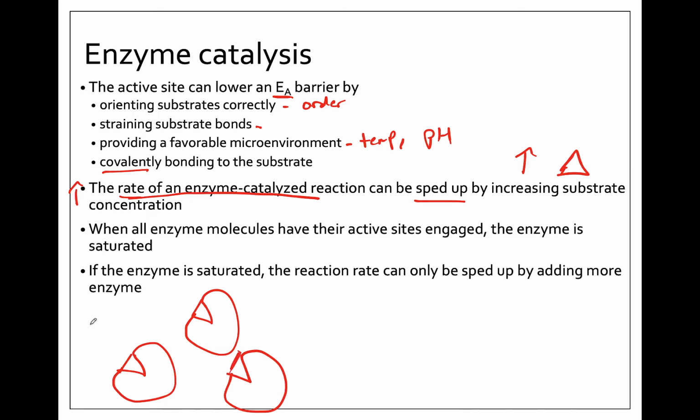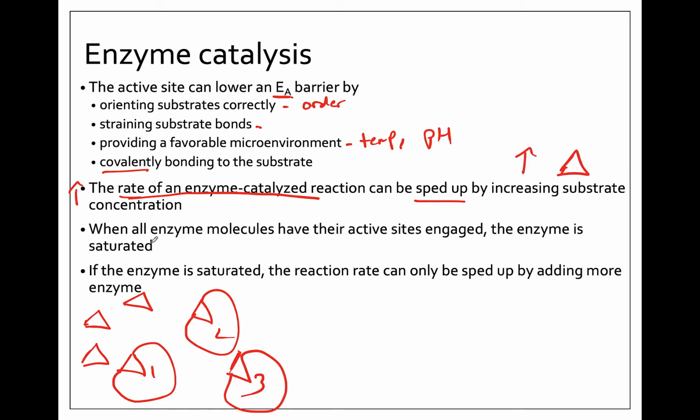If I continue to add triangles, is that going to speed this reaction up any more? I hope you said no, because these enzymes are already working. Having 6 triangles doesn't do me any good if I only have 3 enzymes.